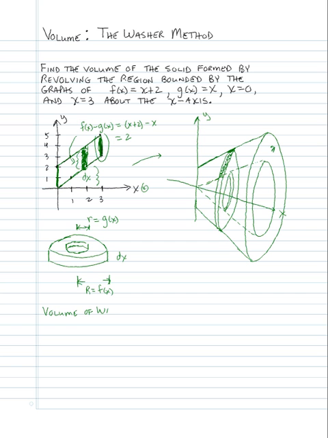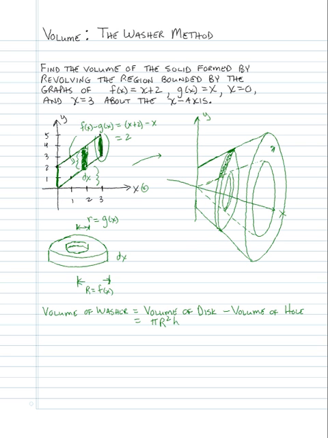The volume of the washer is going to be equal to the volume of the disc minus the volume of the hole. So the volume of the disc is pi capital R squared times the height.